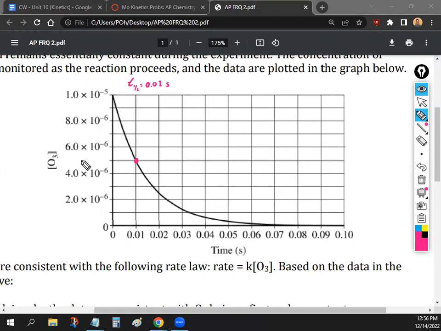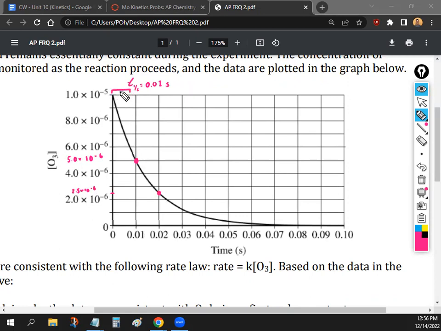Okay, now let's take a look at the second half-life. So the first half-life ends at 5.0 times 10 to the negative 6 molarity. What about the second half? At what time period does that concentration drop in half? Yeah, 0.02, right? Because it's going to be 2.5 times 10 to the negative 6. So let's compare the time it takes between the two.